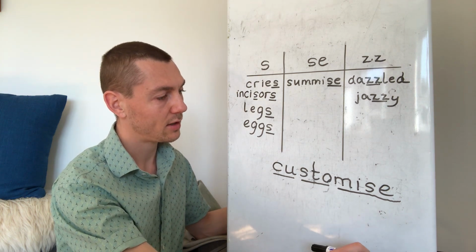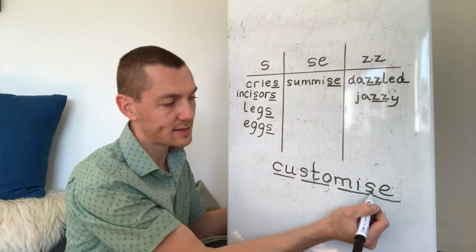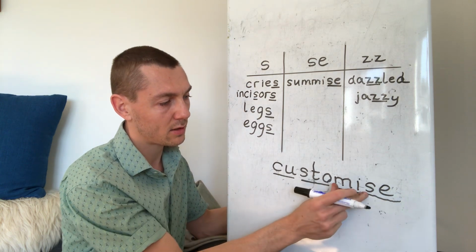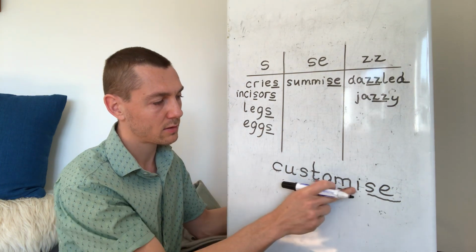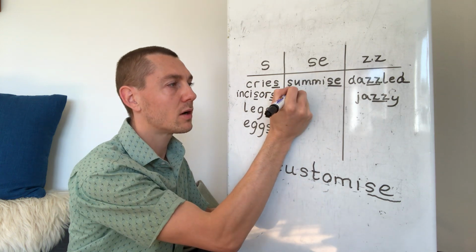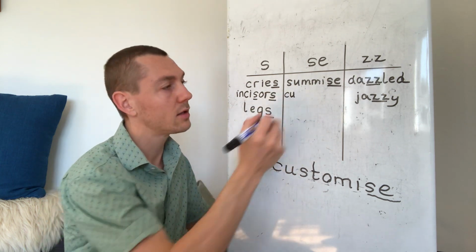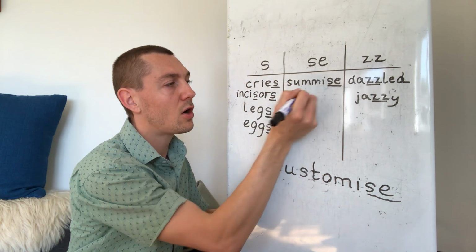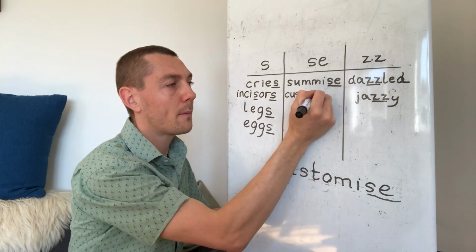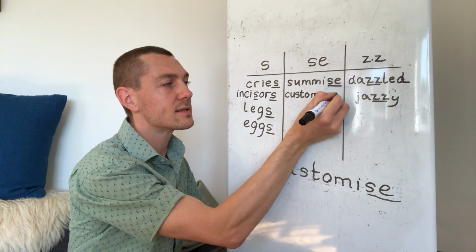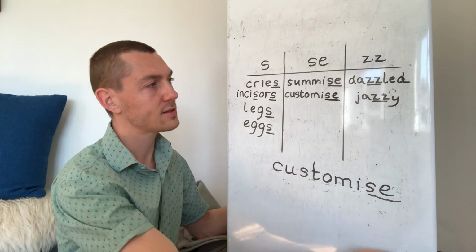Okay, good, and we've got the SE spelling at the end there in customize. So we say k, a, k, st, o, st, I, z. Customize.